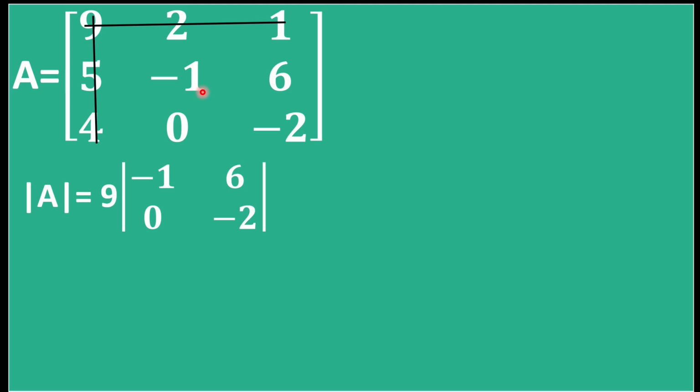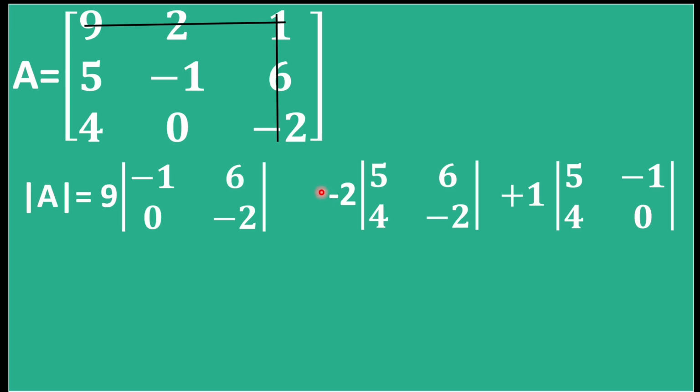Then we will eliminate first row and second column, and then we will write 5, 6 and 4, -2, and then we will write this -2 outside of this determinant. Then we will eliminate the first row and third column, and we will write 5, -1, 4, 0, and we will write this +1.